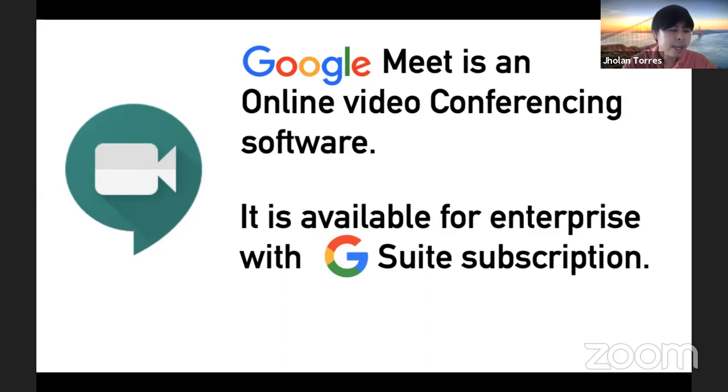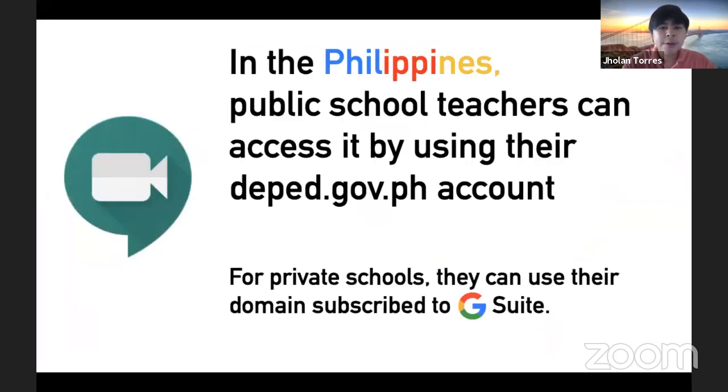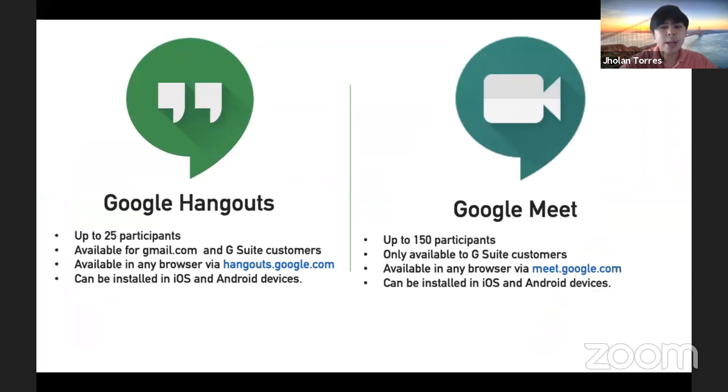We're calling it Google Hangouts. So for now, we have two na lang, si Google Hangouts and Google Meet. So ito po yung differences nila. It's on the screen. Tingnan nyo na lang po yung screen natin. So that's the difference between Google Hangouts and Google Meet. Google Hangouts is very limited to 25 participants, while in Google Meet you can interact with 150 participants. And there you go. It's on the screen po.